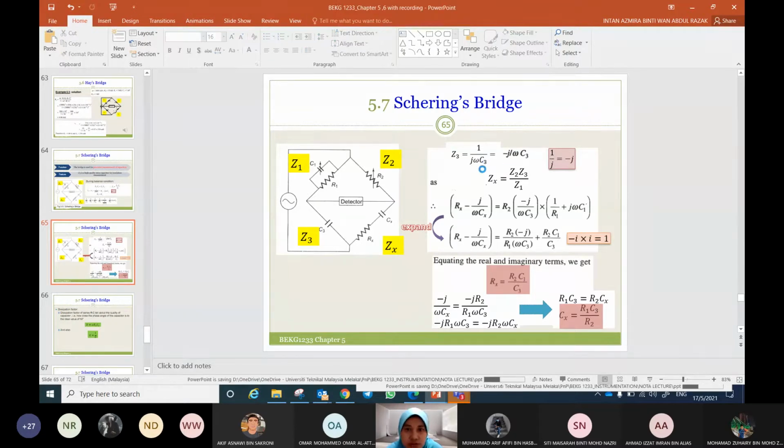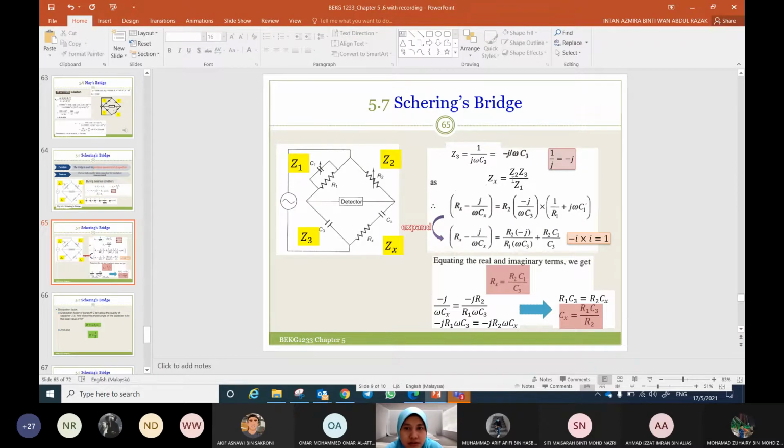So you just leave your Z3 as this, no need to convert it to minus j over omega C3. I did it like this because I want to make it the same as the notes. And then we substitute all Z's into the balance equation.